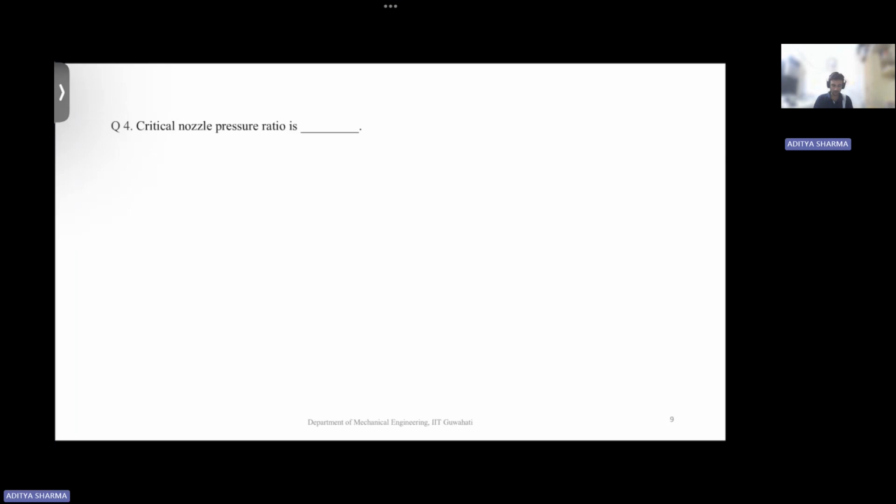So the next question is critical nozzle pressure ratio. What is critical nozzle pressure ratio? We have seen in the previous week's content that if your pressure falls below this while expansion, in that case your nozzle is choked. Okay.